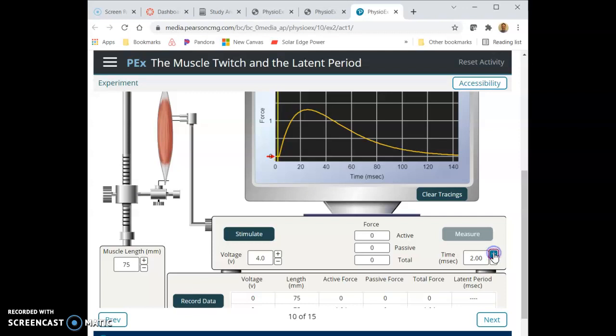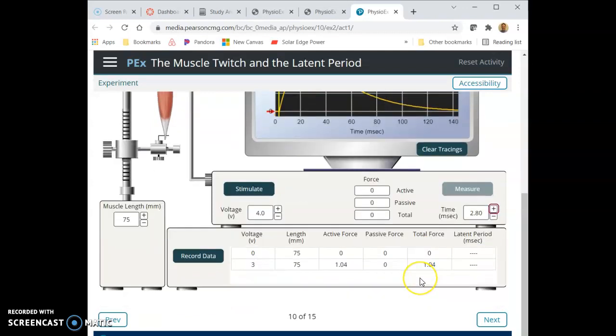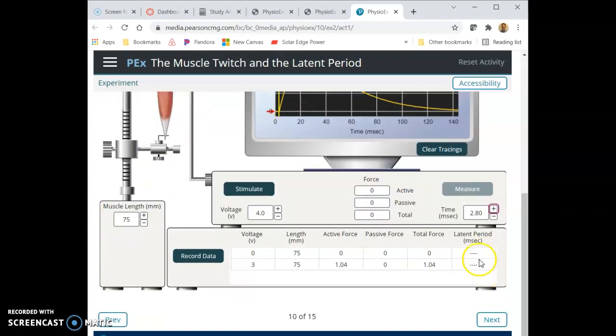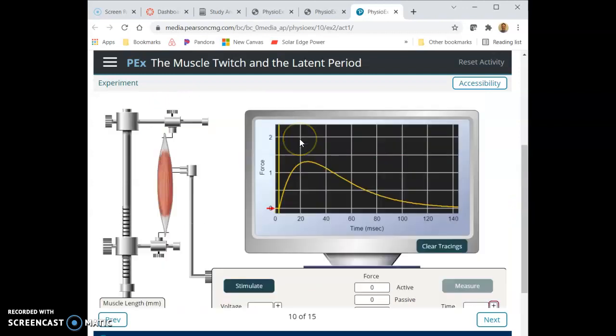See when I click on this, how the yellow line is moving over. Now it's kind of in the middle here. Not quite to the bottom yet though, so I'm gonna go a little farther. It's almost there. Either that one or that one. That one for sure. So at 2.80, that is the latent period. So we've measured the latent period, 2.8 milliseconds, or 2.8 over 1,000 seconds.